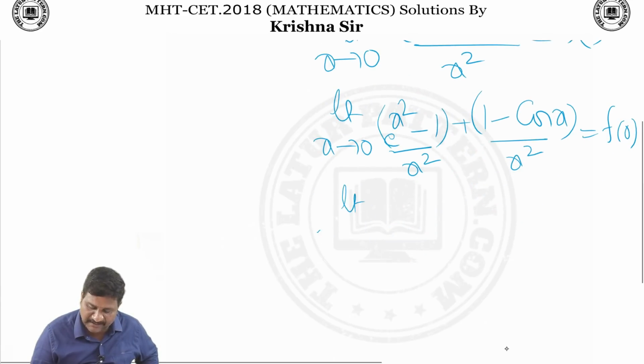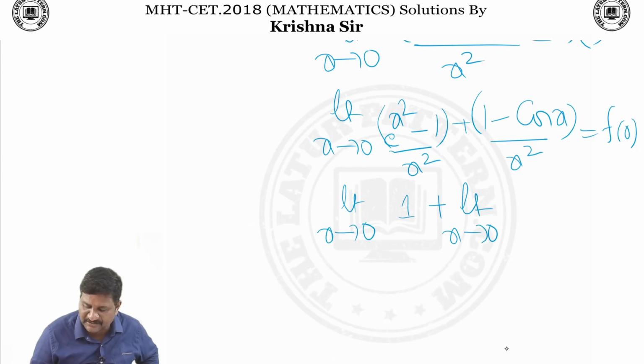So limit x tends to 0, here e power x square minus 1 upon x square, the value is 1, and 1 minus cos x, separately you find out the limit. x tends to 0, 1 minus cos x can be taken as 2 sine square x by 2 upon x square, which is equal to f of 0.